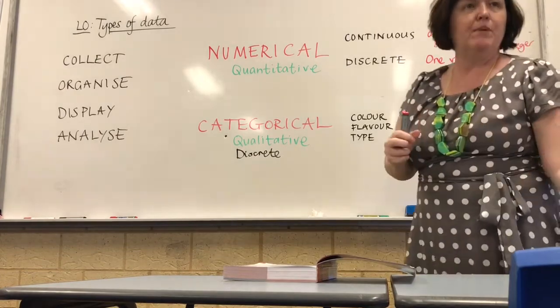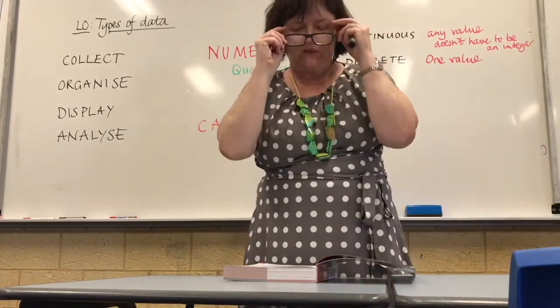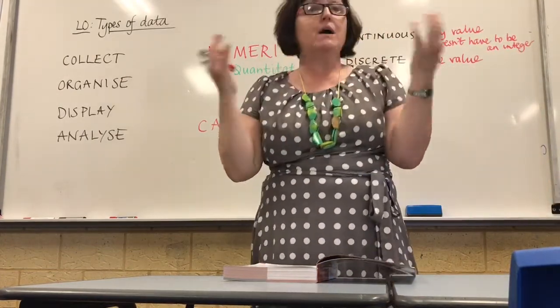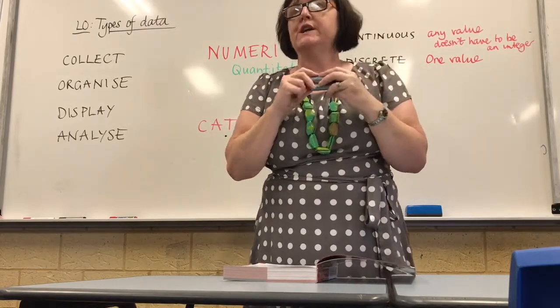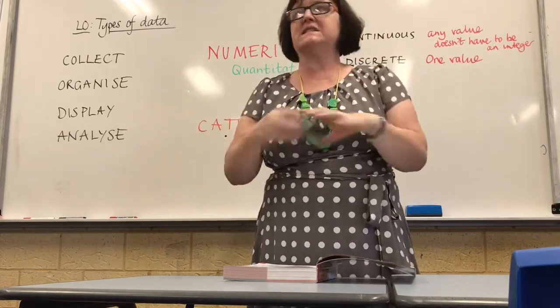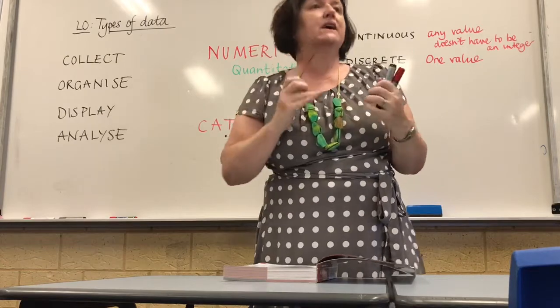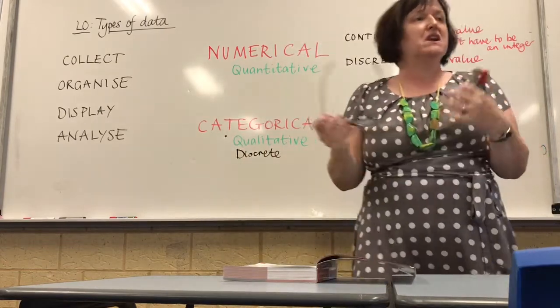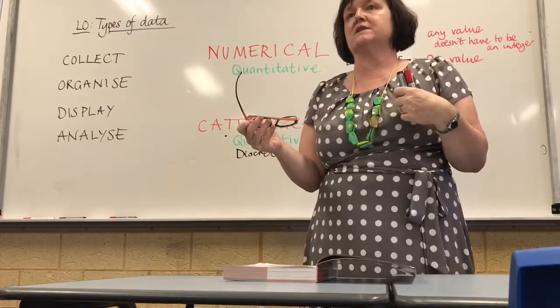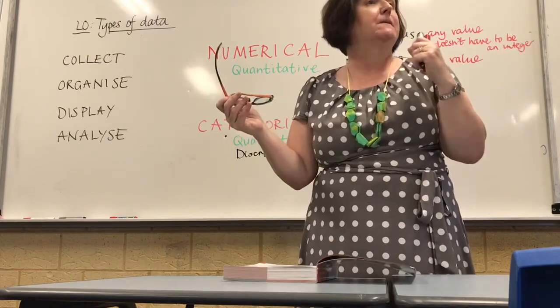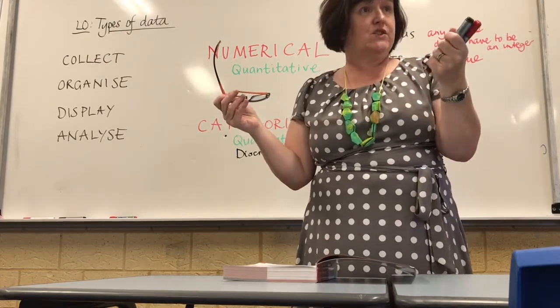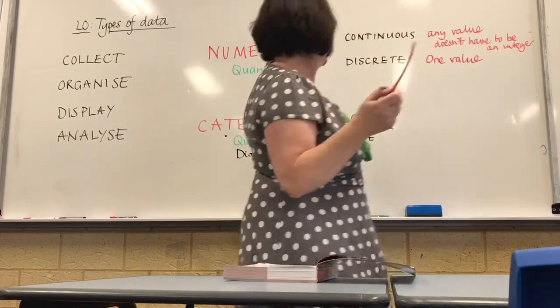So let's have a think about what some types of data might be. The numbers of children in the families in this class, what type of data would it be? The numbers of children in your families. Noreen? Discrete. Categorical, numerical?